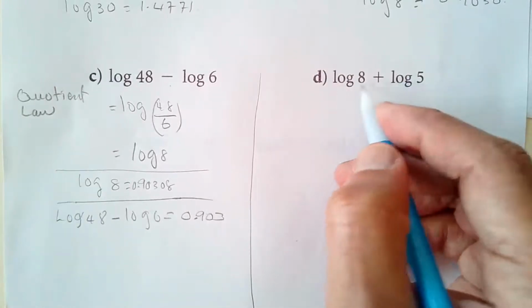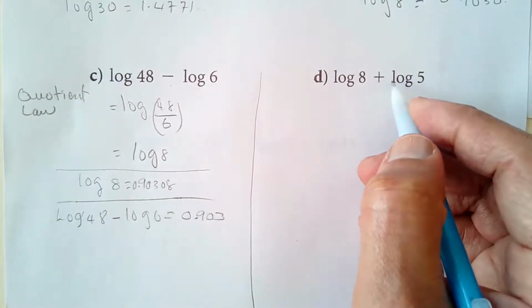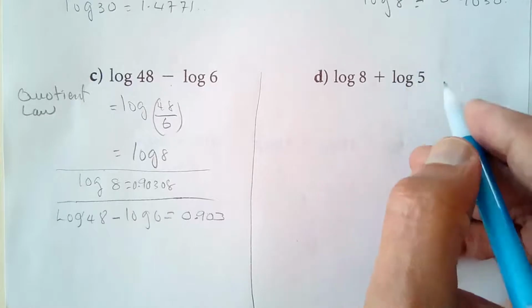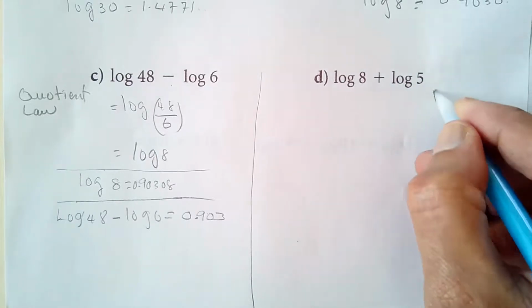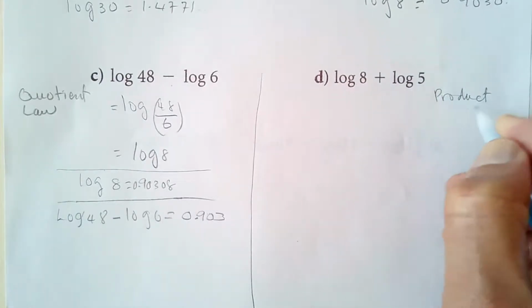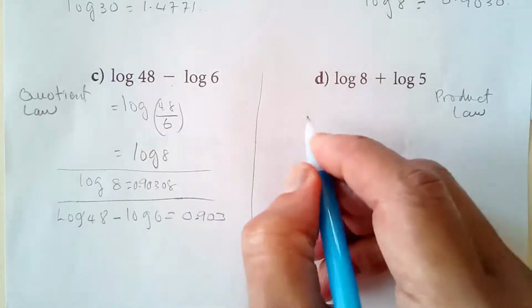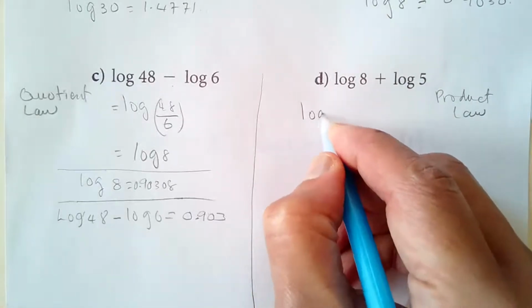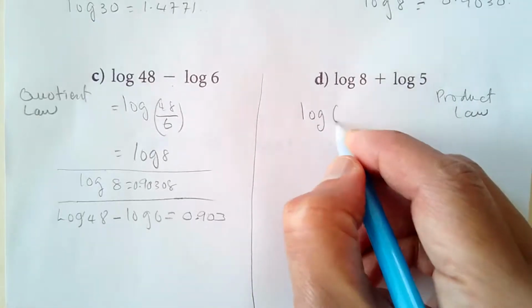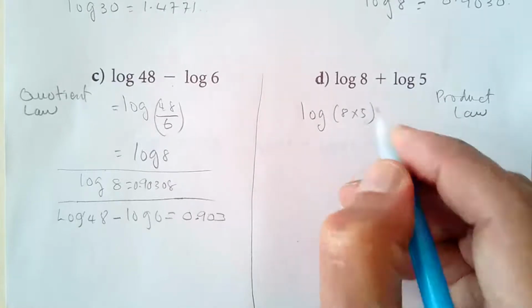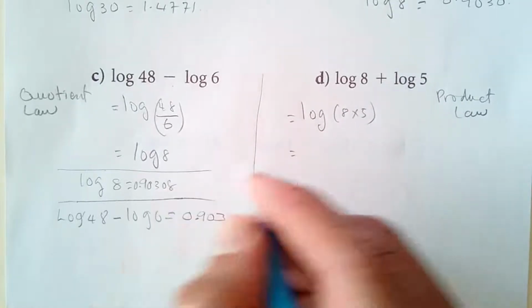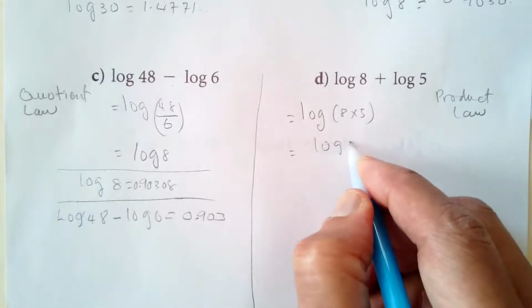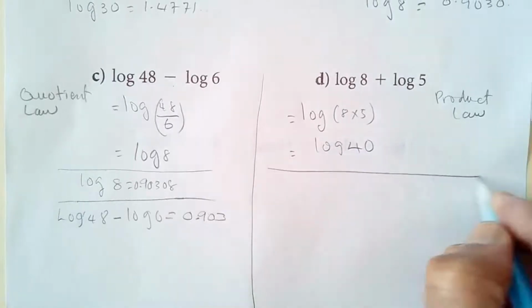Here we're going to use our product law. So log 8 multiplied by 5, we get log 40. So let's test.